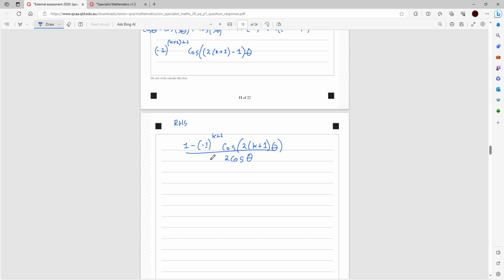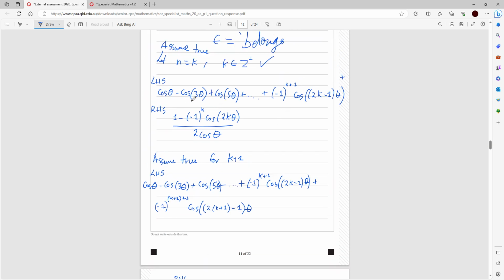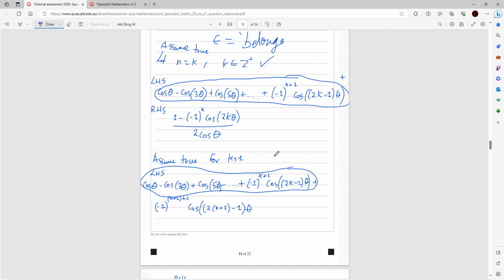Okay, so as we can see here, this bit here is exactly the same as this bit here, and that bit is equal to this bit here. So we can replace this infinite sum plus, well, we'll leave this bit here because that's not equivalent.